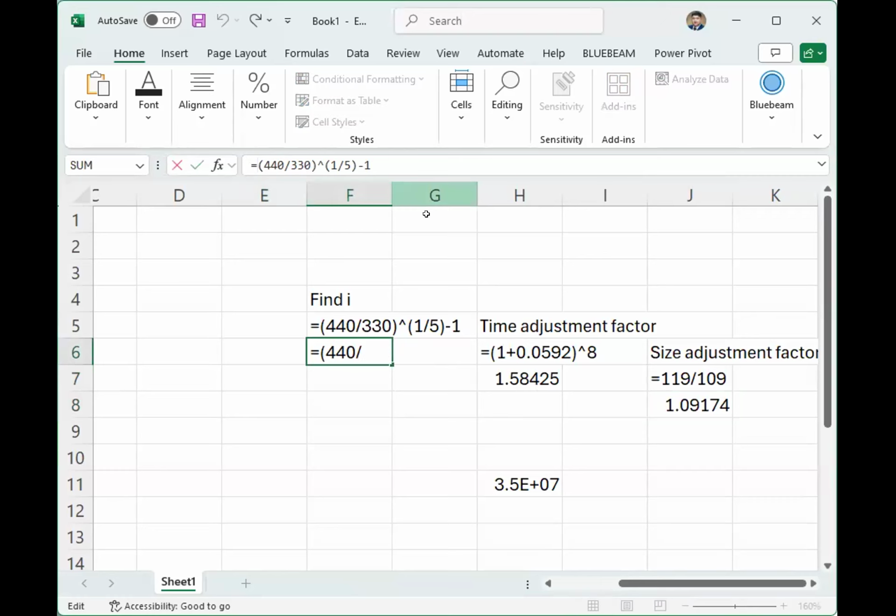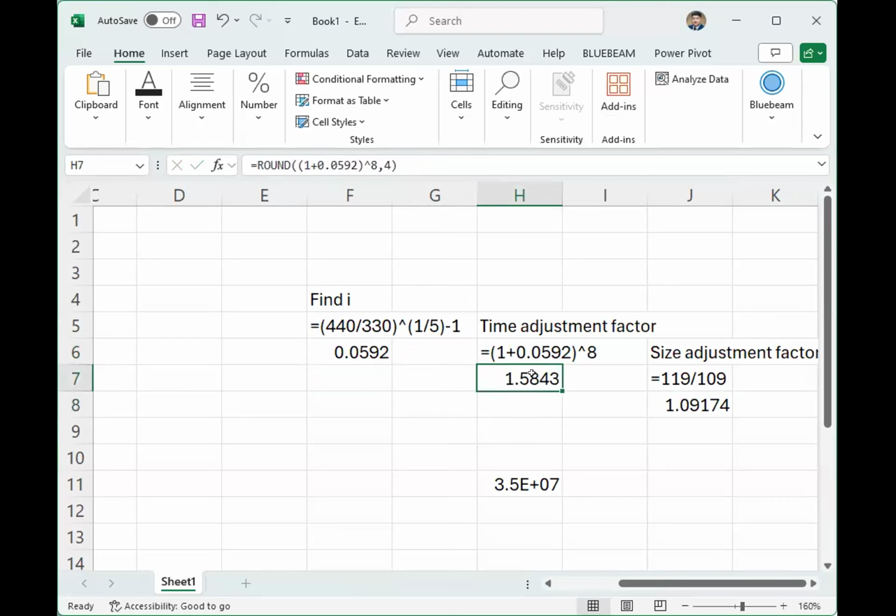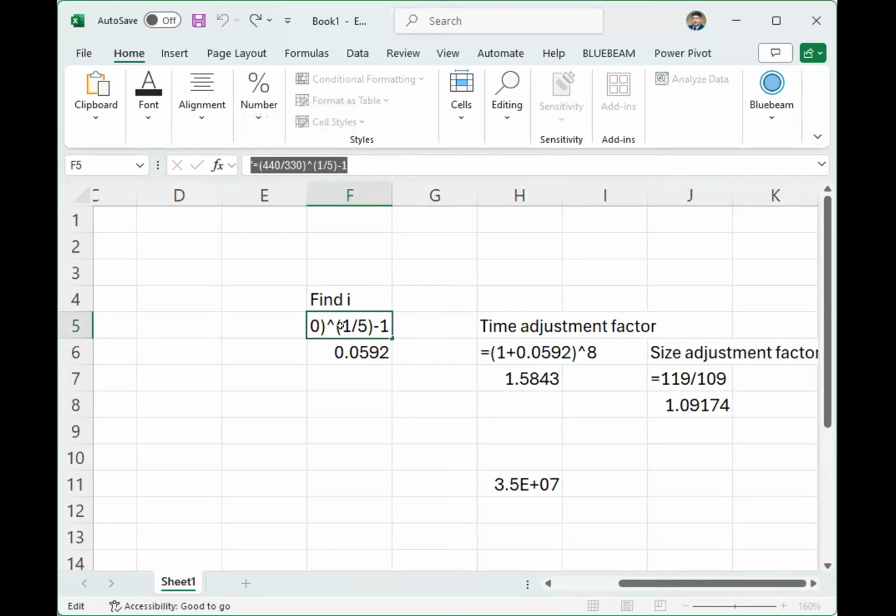So you can use ROUND, make sure you have a bracket here, and keep this in 4 decimal places. And you will see exactly this number here, and the same here. So we can do the round up, and with 4 decimal places you will see this number. That's exactly the rounded number, right?